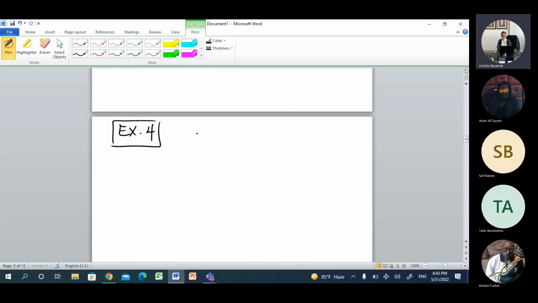If they say y is equal to negative 6x squared minus 4x plus 2, and they want us to rewrite it in the completed square form.